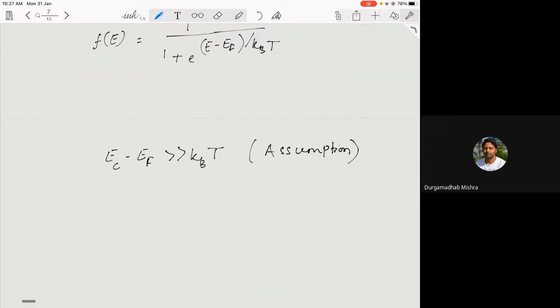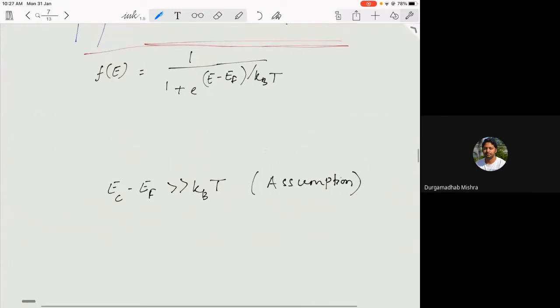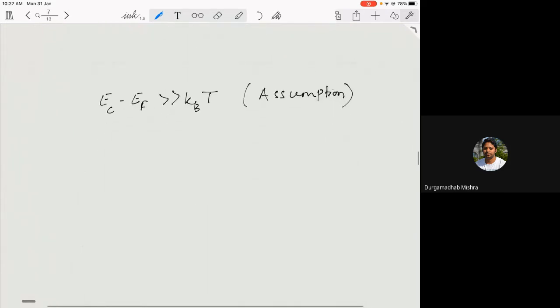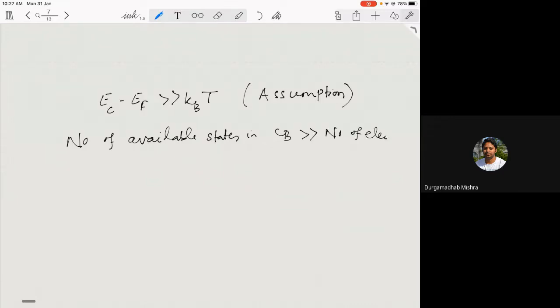What it means is that the number of available energy states in the conduction band is much larger than the number of electrons in the conduction band.